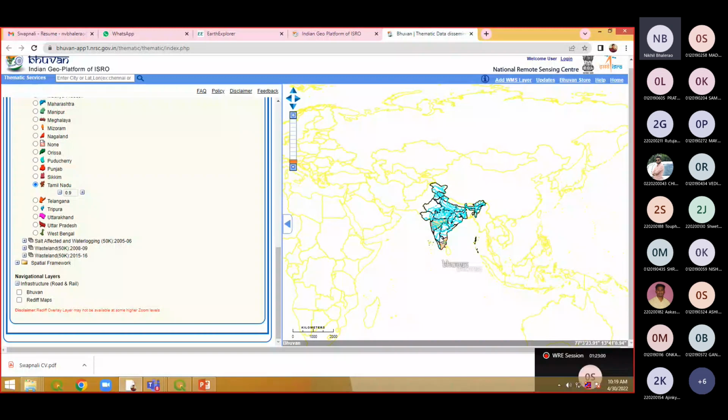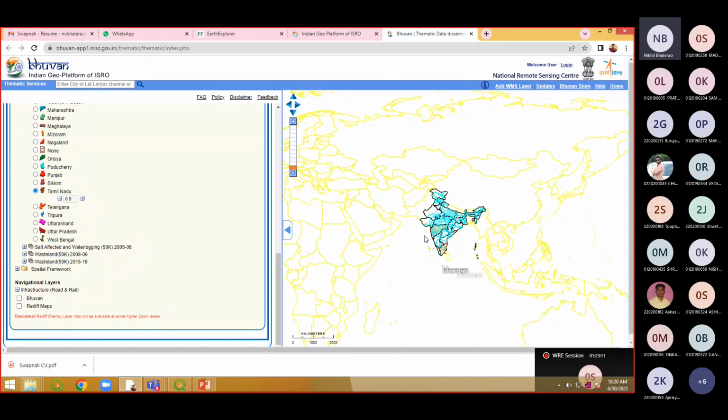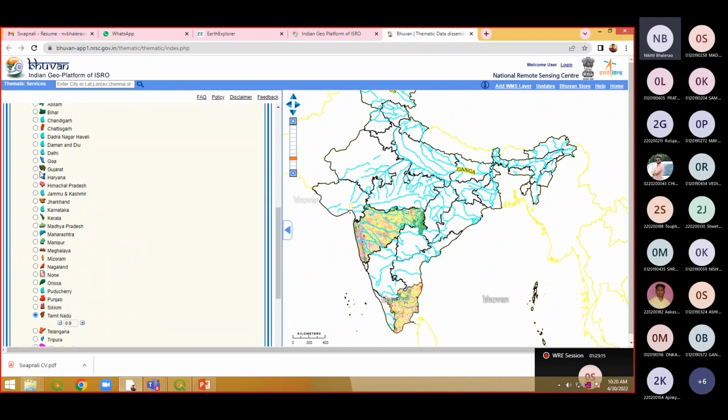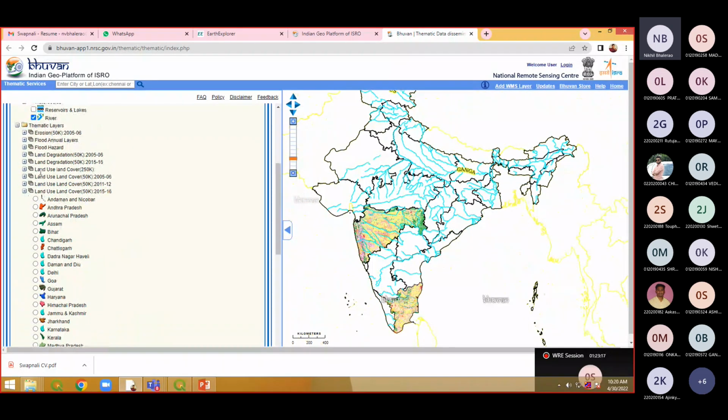The only thing is that the data which is available free of cost is not of the required resolution. If you want higher resolution, in that case you need to purchase the data. The free data is of a little less resolution.